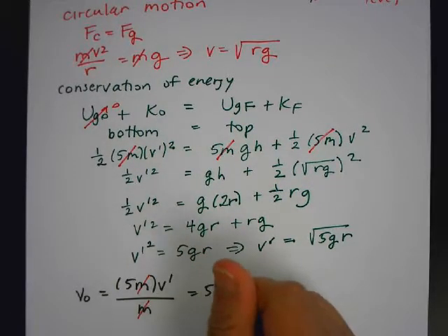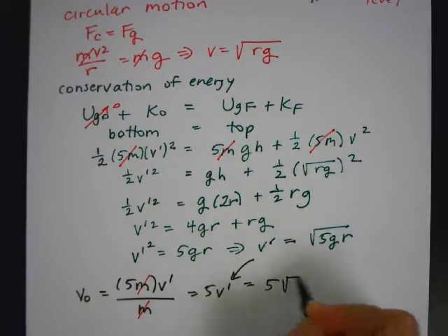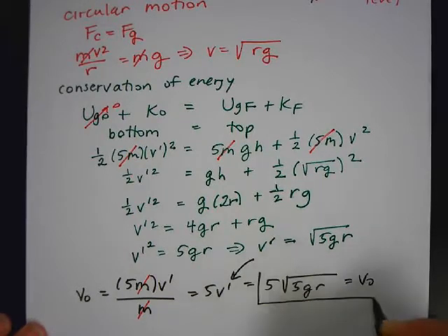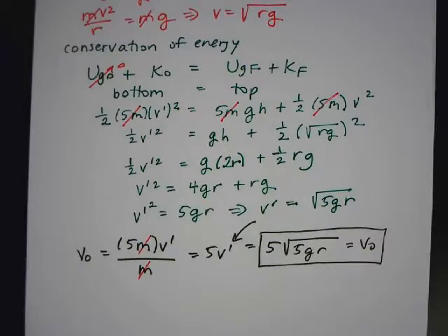So it's 5 v prime, and then I'm going to substitute in v prime, so it's 5 times radical 5 g r. And that's equal to v naught, the initial velocity of the bullet before it became embedded in the block. And that's all in terms of the variables that they asked for.